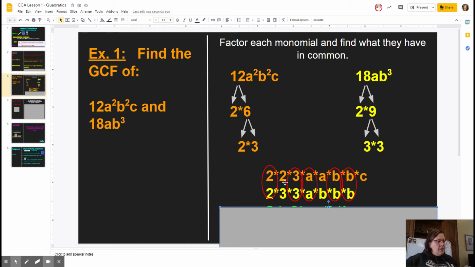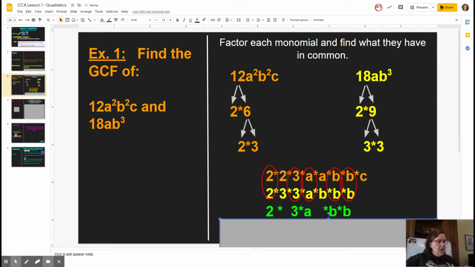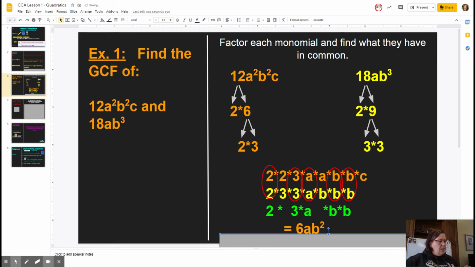So then once I figure out what they have in common, then I'm going to take each of those terms and I'm actually going to multiply them all out together to find my greatest common factor. So then that turns into 6, because 2 times 3 is 6. I've got just the a, and then I've got b squared.